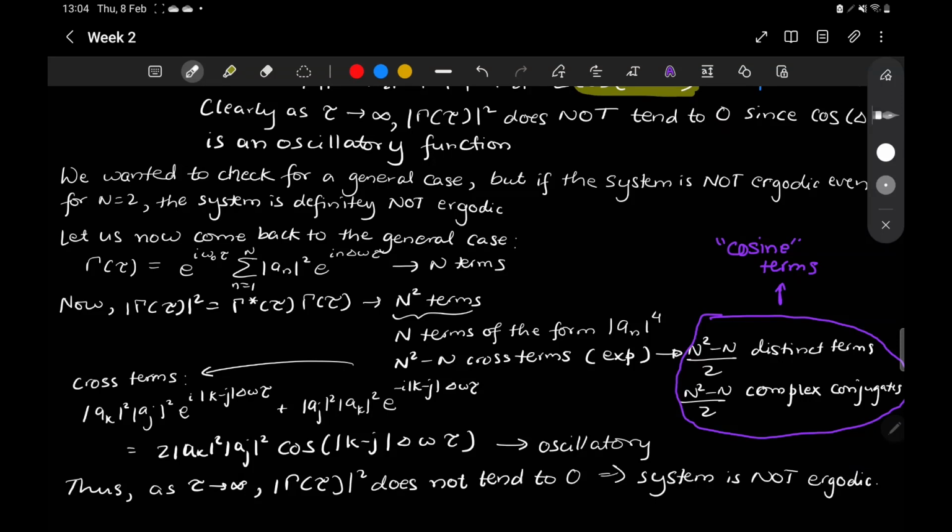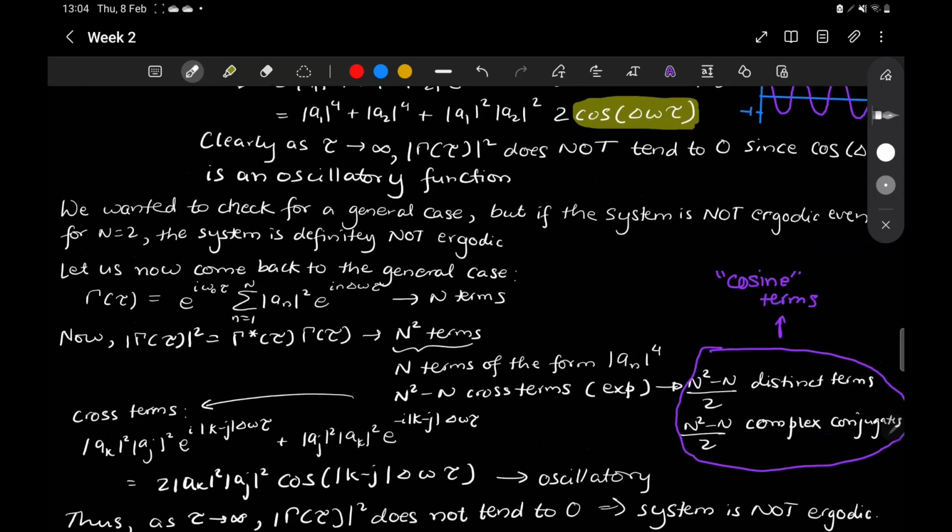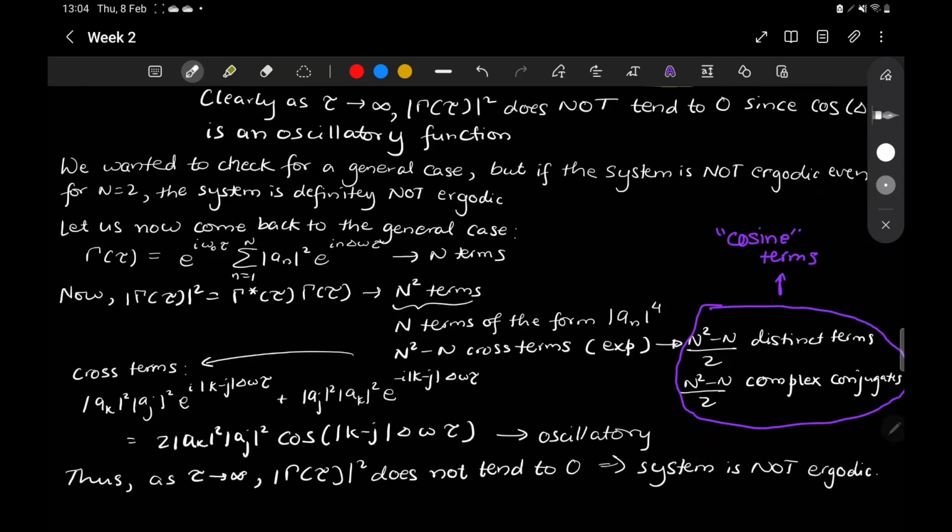Okay, so it seems okay. Oh, there is one question. Someone is asking how I am concluding after getting this cosine term that it will not tend to 0. Okay, so good question.